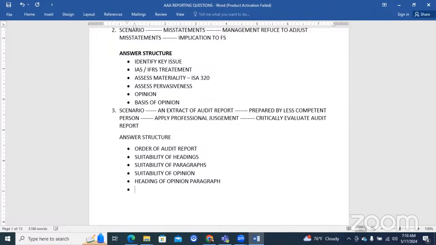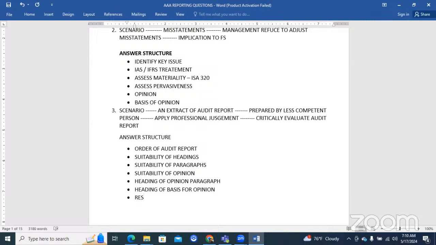And also, we should assess the heading of the basis for opinion paragraph. The headings should reflect the respective opinion. If I'm qualifying the opinion, the opinion paragraph should be headed qualified opinion, and the basis paragraph should be headed basis for qualified opinion. That is important.